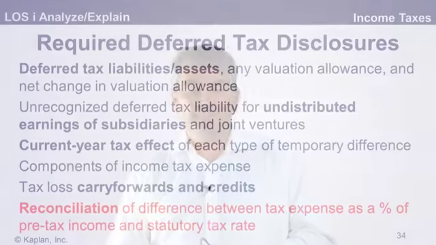Now, what does that phrase mean? Remember, in the accounts, we're showing for a subsidiary its earnings. In the tax returns, we're showing its dividends. So unless that subsidiary pays all of its earnings by way of a dividend, there's an undistributed element.